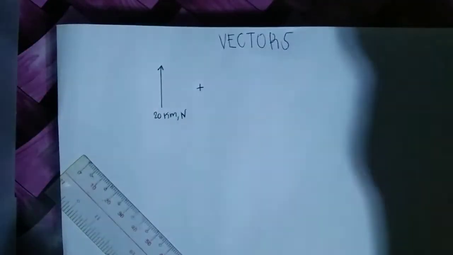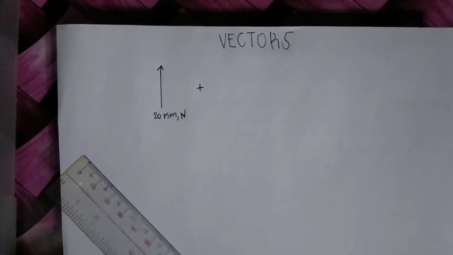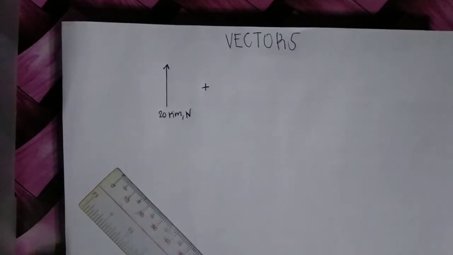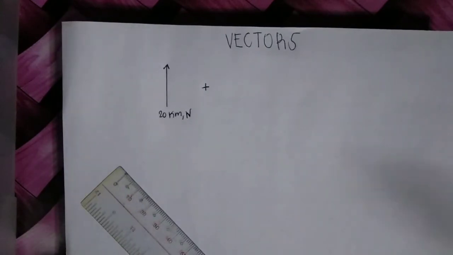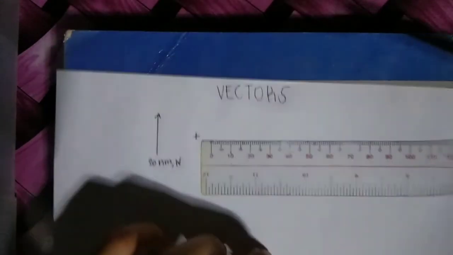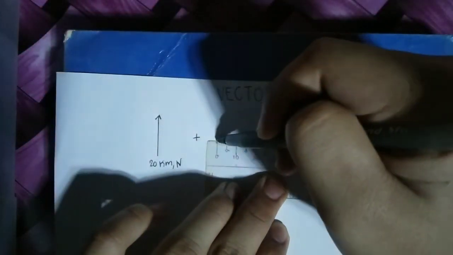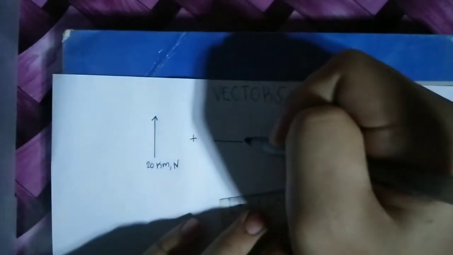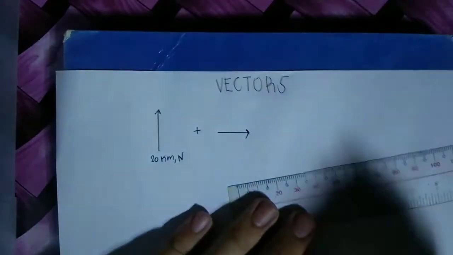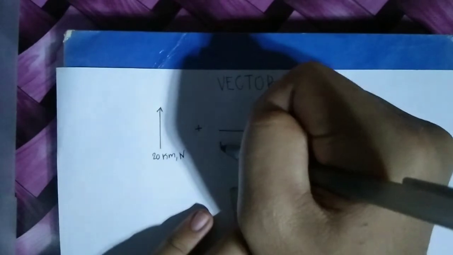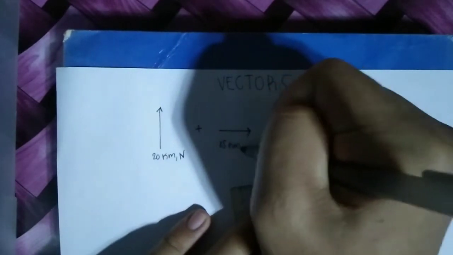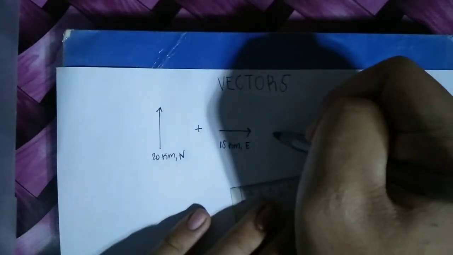And then we put the plus sign because we are in vector addition. And next we have 15 kilometers east. So again, let's label it 15 kilometers east.